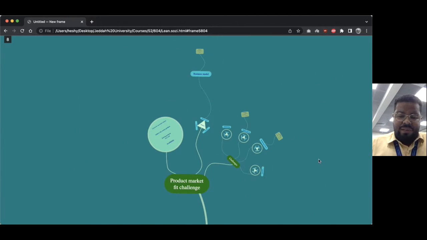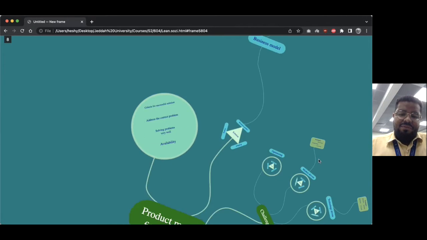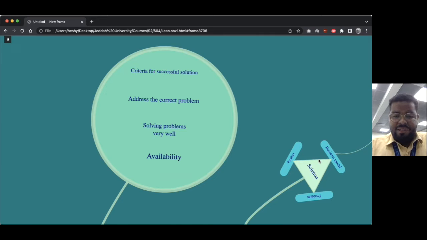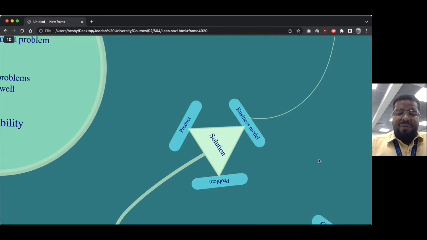Now let's go to the product market fit challenge. First, the criteria for a successful solution is to address the correct problem, then solve these problems very well, and become available for the targeted customers. Now let's consider this.